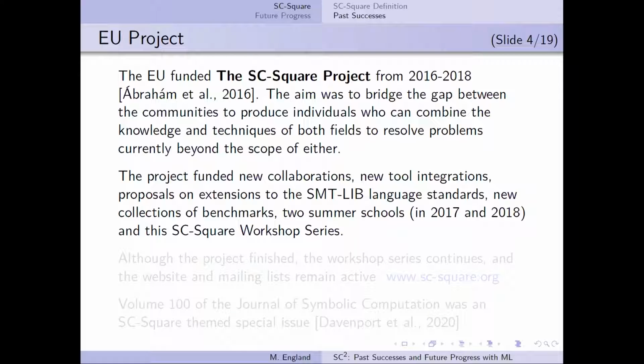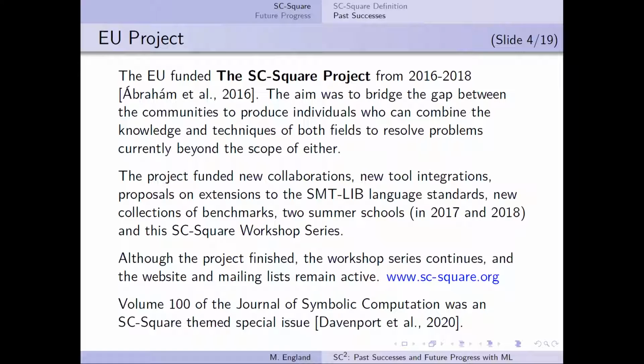So the project did a variety of things. It funded a variety of collaborations and tool integrations, came up with proposals to extend the SMT-LIB language standards to better support the domains of interest, new collections of benchmarks, and importantly, it funded two summer schools and also this workshop series that our session today is part of.